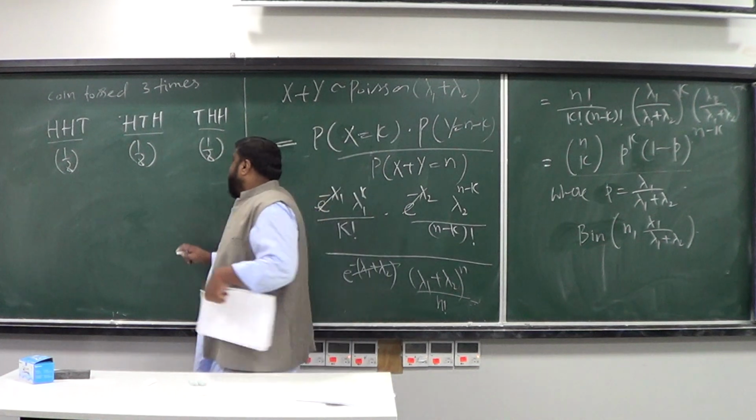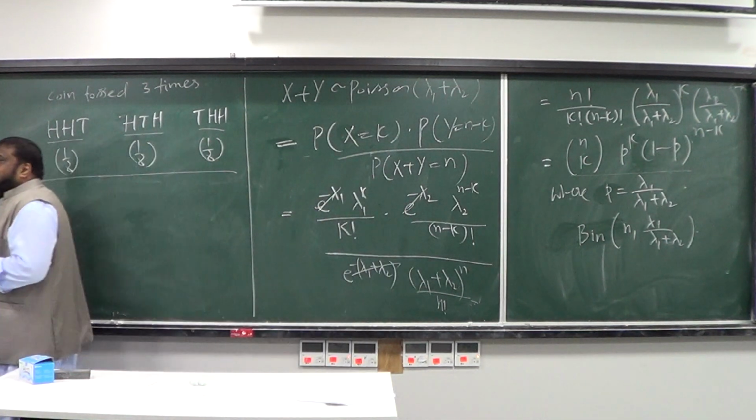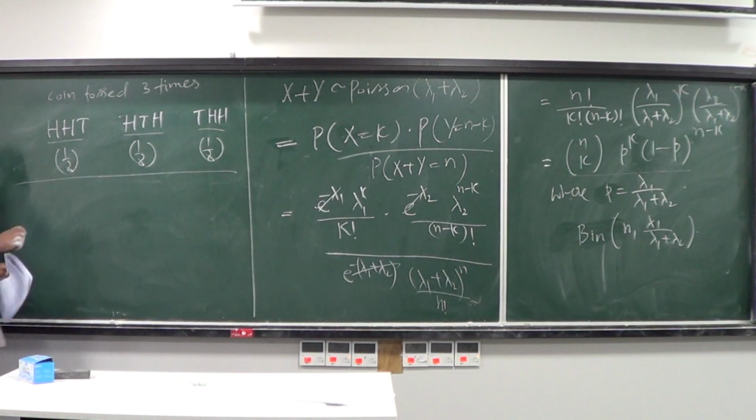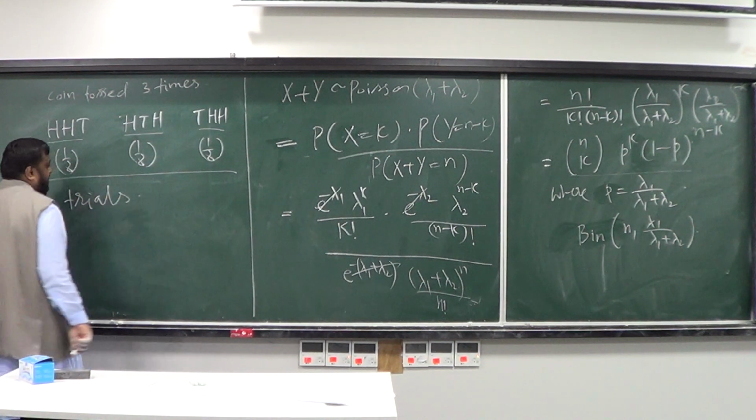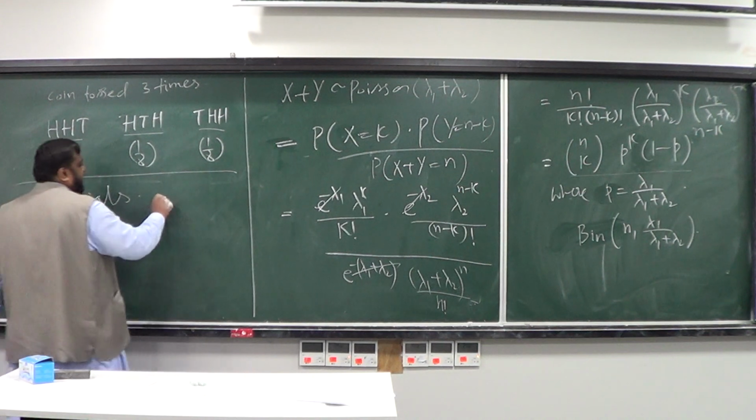Now I want to do the same with n trials, n Bernoulli trials, and k successes.